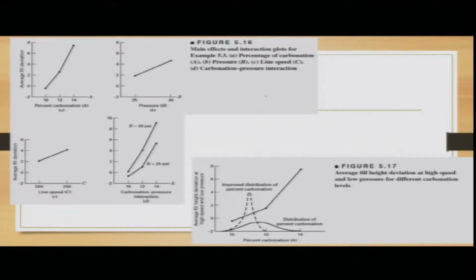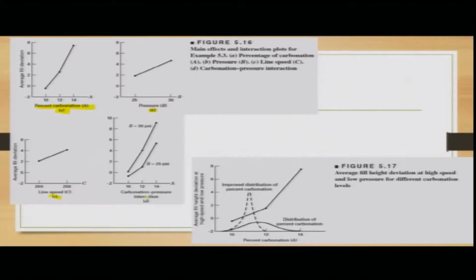Consider you have the average fill deviations. I am trying to find out the deviations with respect to factor A, which is in the figure as I am pointing out. This is for A, and the factor is A. The graph is named A, not the number of observations. For pressure B, the graph is B, and again along the y axis you have the average deviation, and for diagram C, it is basically line speed, which is factor C, and here again the average fill deviation.